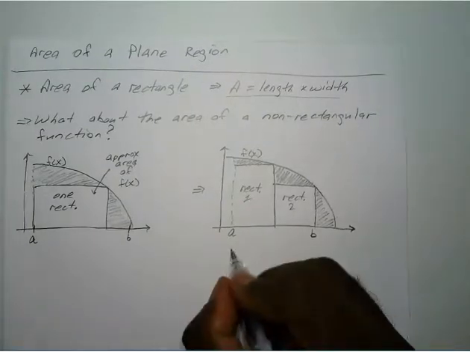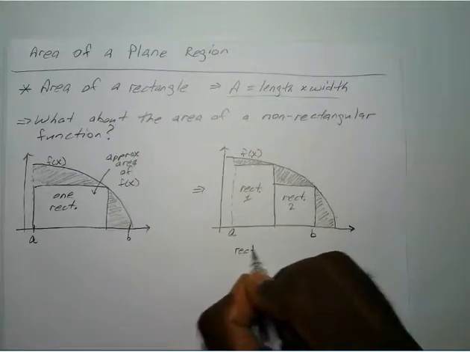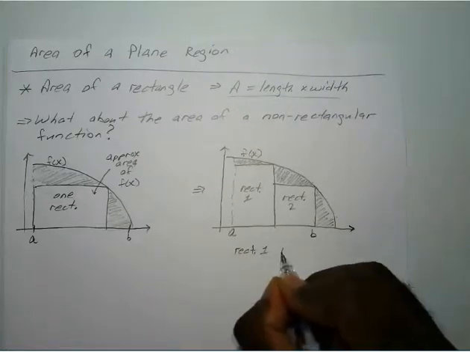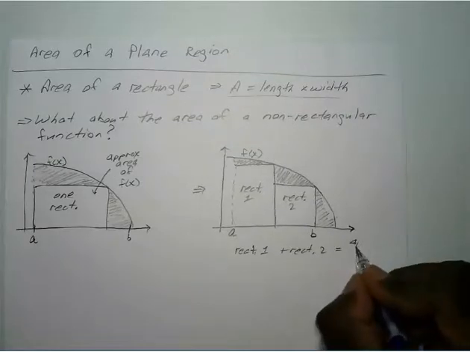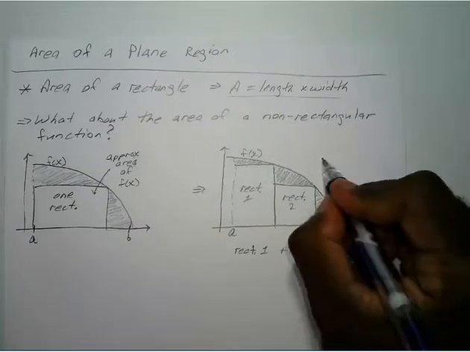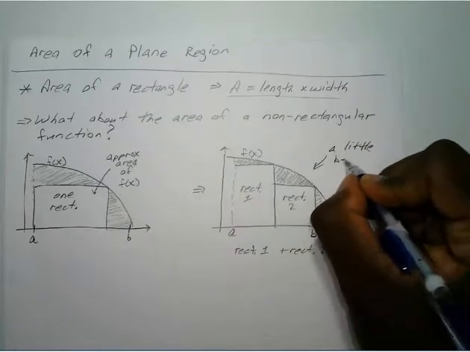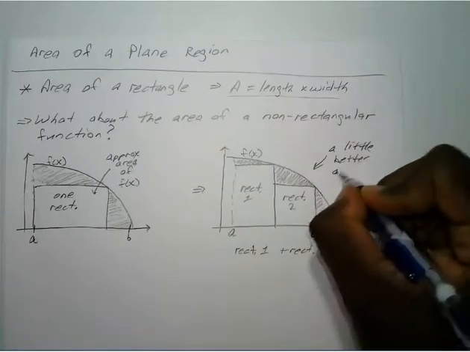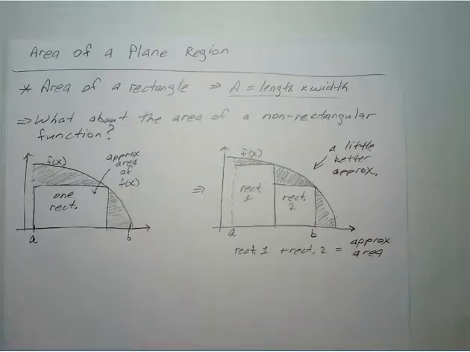So if we add rectangle number 1 plus rectangle number 2, we get another approximate area. Just a little bit better. Again, not perfect, but a little better than just one measly rectangle.